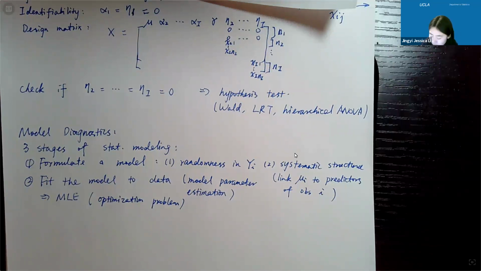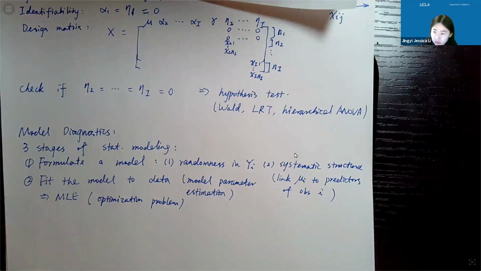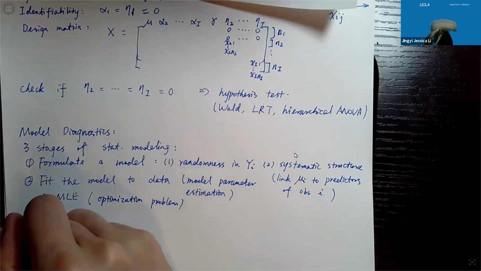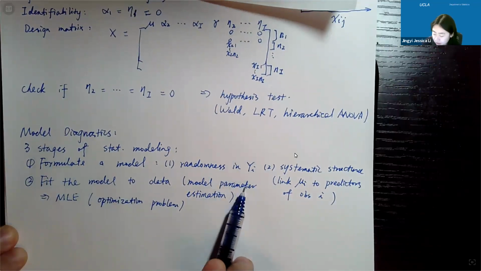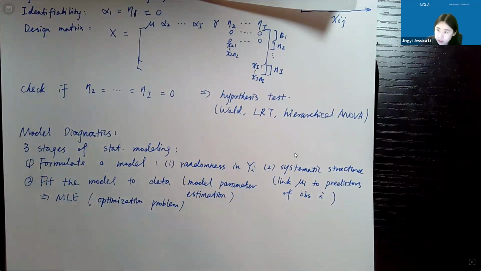Okay, once you have the parameter estimate, if you want to use this model for prediction, or if you want to talk about parameter inference, like whether a parameter is 0 or not by doing statistical testing, the inference is only meaningful if you trust your model, if you think this is a reasonable approximation of the truth.